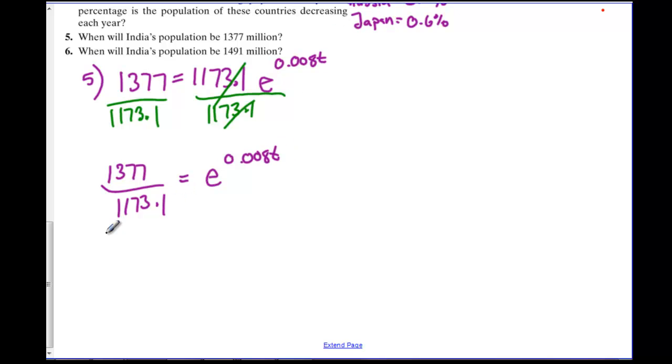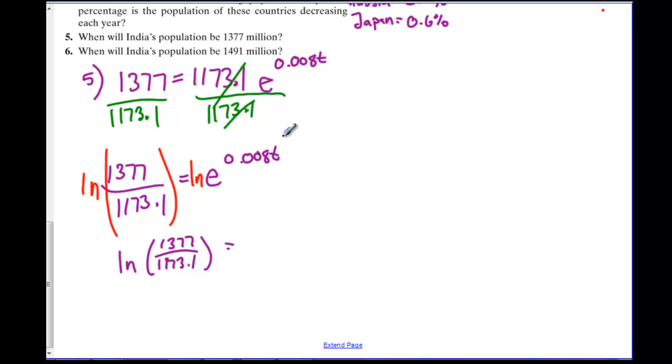All right, so after we divide both sides by the 1173.1, what do we do next? Natural log. So natural log of all that stuff, the 1377 over 1173.1 equals, and the whole point is so we can pull this exponent down: 0.008 t.